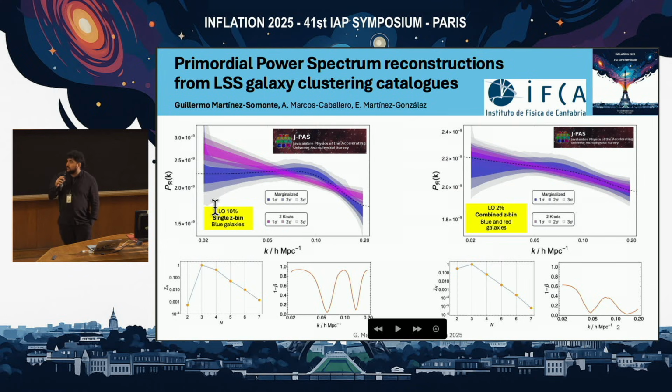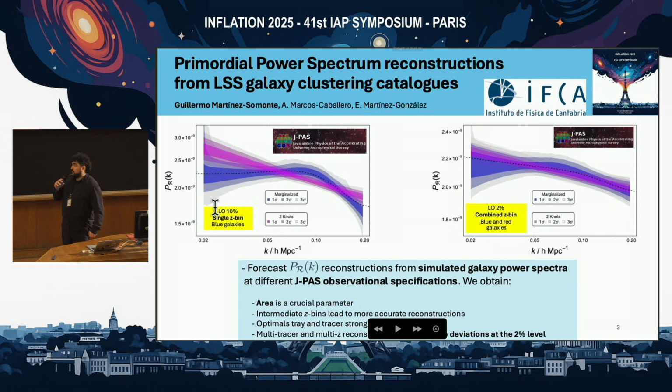The Bayes factor points at a decisive detection of the feature. We also played with the amplitude of this feature, and we were able to spot features down to 2% amplitude. We have a paper in which we discuss the optimal J-PAS specifications: we need the most area possible and an intermediate redshift bin.